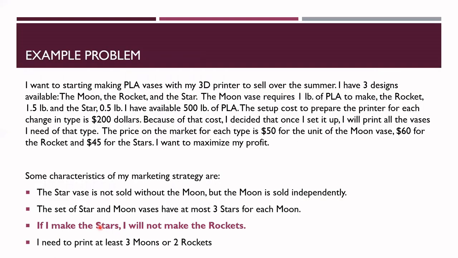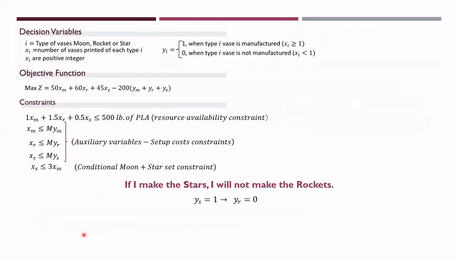The third conditional statement that we're going to work is, if I make the stars, I will not make the rockets, which can be translated to: if ys is equal to 1, then yr is equal to 0, which is equivalent to the logical statement ys, then not yr, that is equivalent to not ys or not yr. That is an or statement.